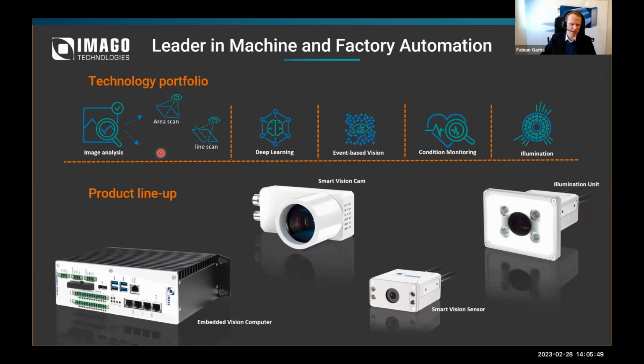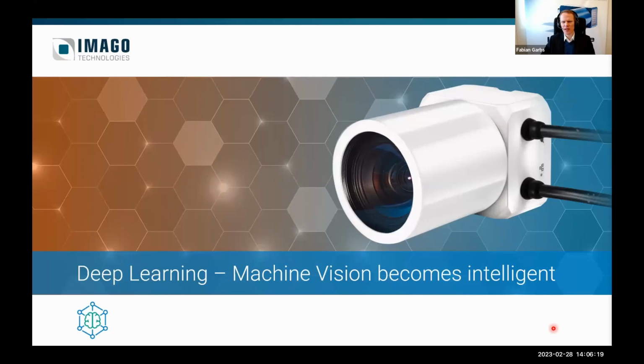We handle the typical applications in area and line scan applications, but also more of interest are becoming the topics deep learning, event-based vision, and also condition monitoring, where you check your machines or your manufacturing. And of course, we also have the topic illumination, which you can see here an example of one of our products. So, but now let's go into deep learning.